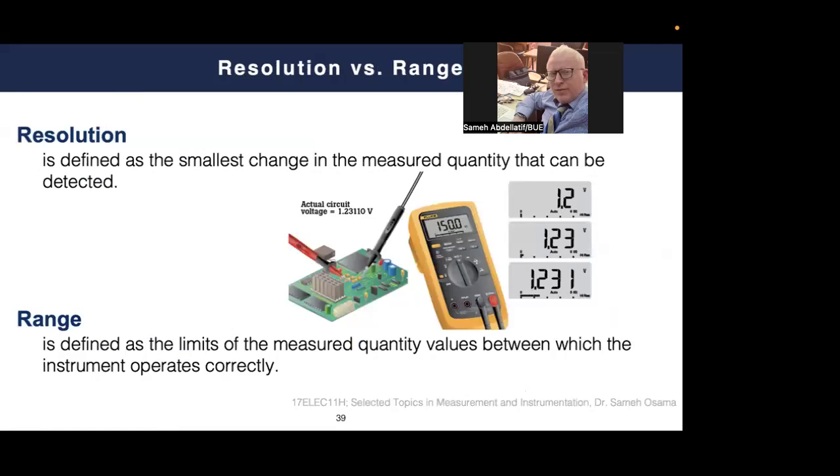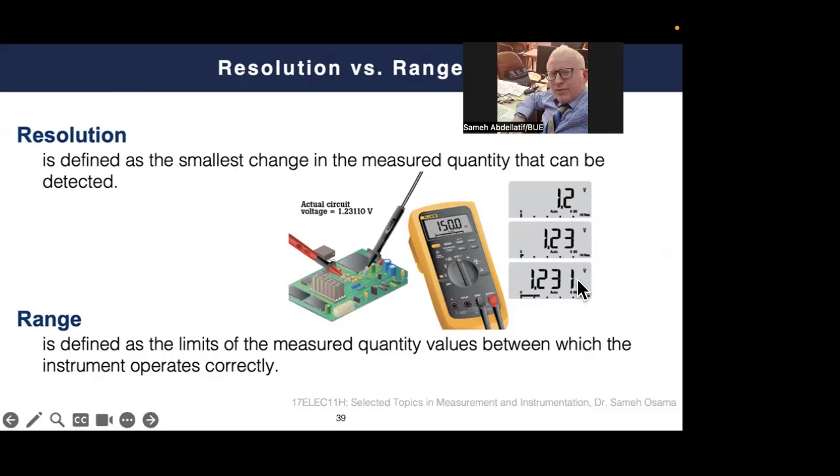And also, one of the sources of errors may be due to the resolution of your device, or maybe due to the range of your device. What is the resolution? For example, if you buy a multimeter with one digit after the decimal display, the minimum value you can measure is a 0.1 variation. It will not be able to measure smaller than 0.1. If it's 2 digits after the decimal, it's 0.01.